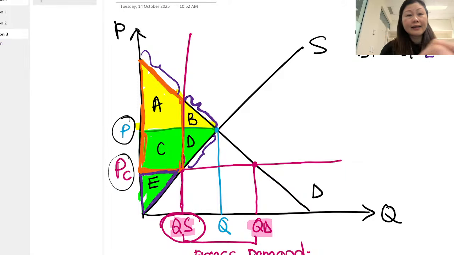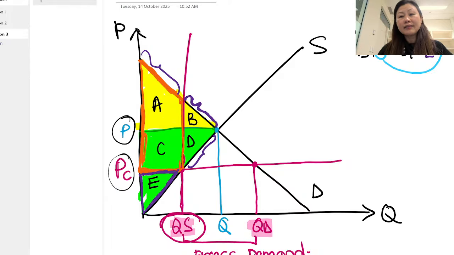Suppliers, on the other hand, are getting a worse deal because the suppliers were originally getting C plus D plus E at equilibrium price and quantity. But now this C has been transferred to the consumers. This is what we call a surplus transfer.